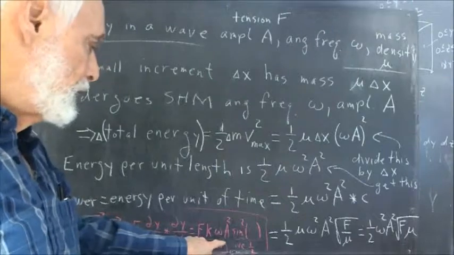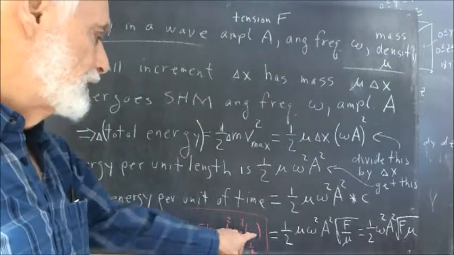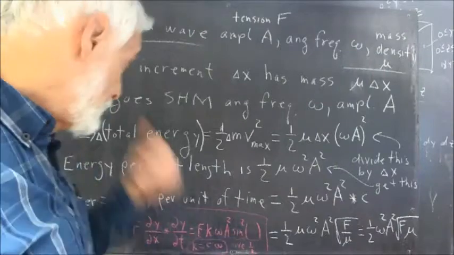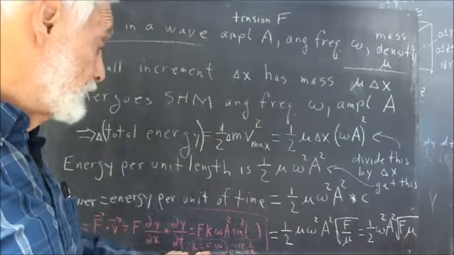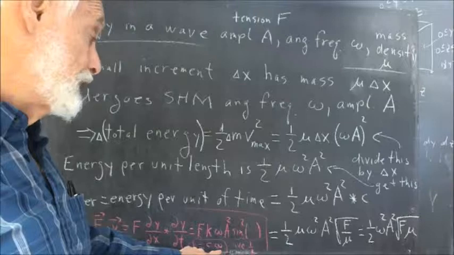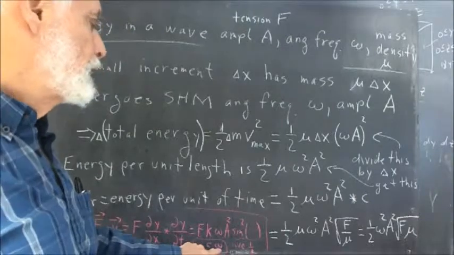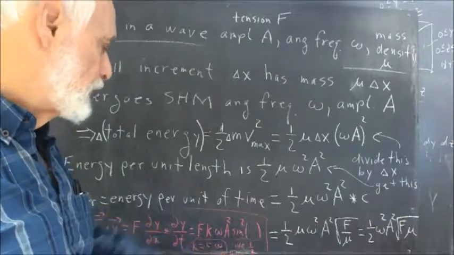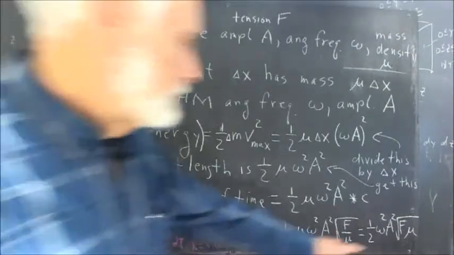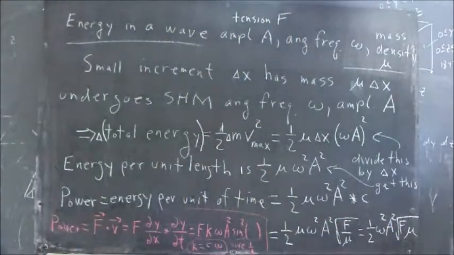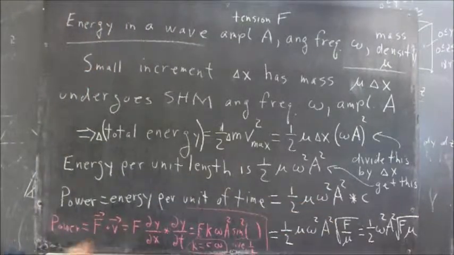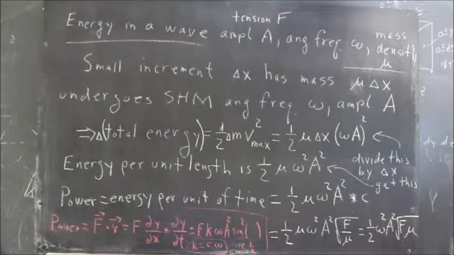And from all that we get an A squared times the sine squared of kx minus omega t, k being the wave number, which is the speed of the wave times the angular frequency, and the average value of the sine squared function being 1/2. This ends up being equal to this. Now, showing algebraically that this is going to be equal to this is easy, but understanding where these partial derivatives come from, we're going to supplement that in a minute.